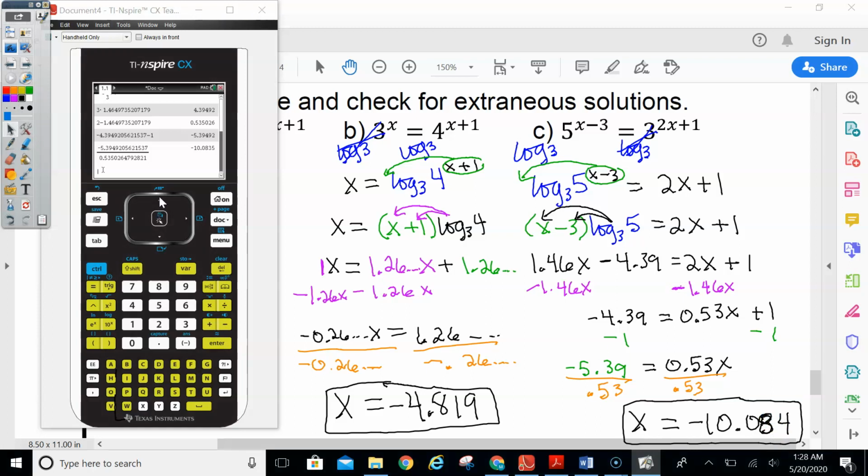So let me just go up and check this one. So negative 10.08. Oh, look. It's 3, 4. Okay, so that one rounded it. So I need this one. Actually, it's just going to stay 3.